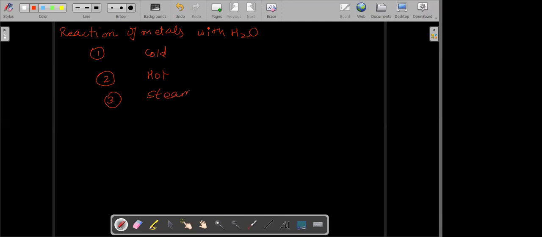The ones which could react with cold water can react with hot water also as well as steam. So can you name the metals which could react with cold water?